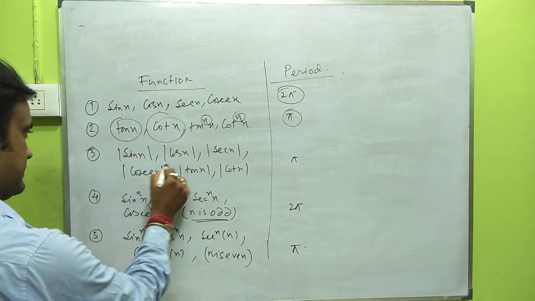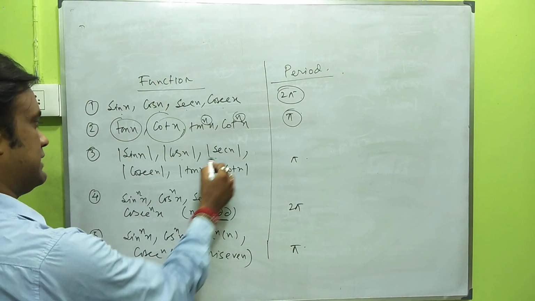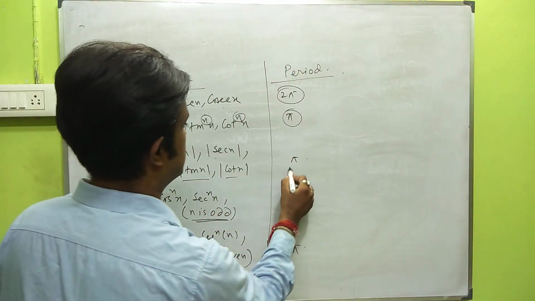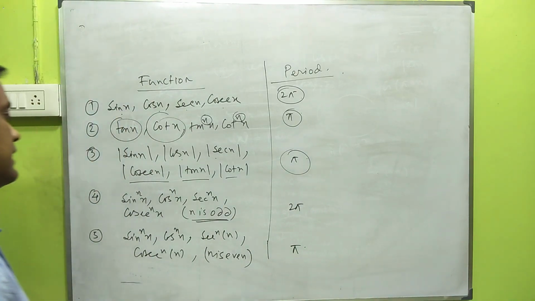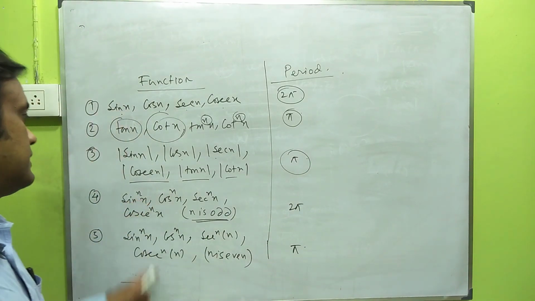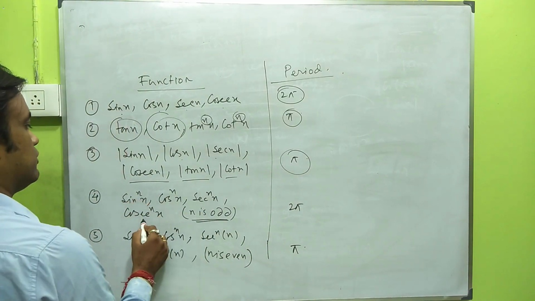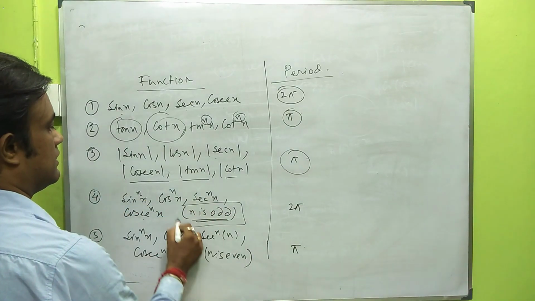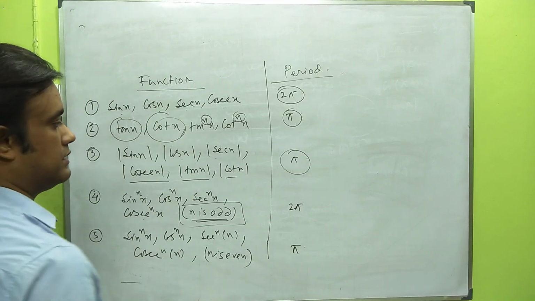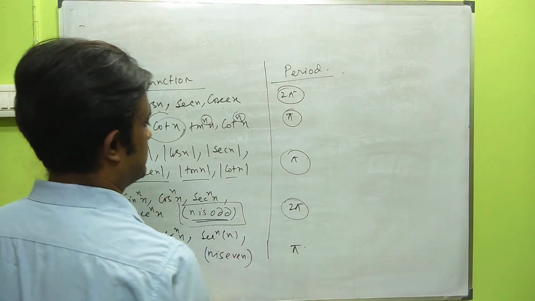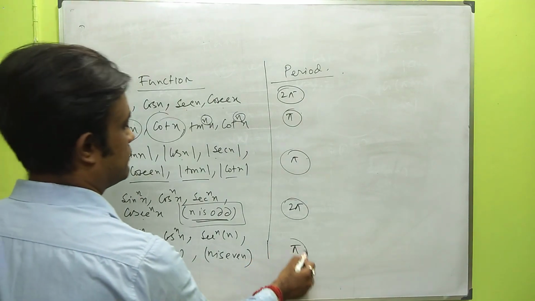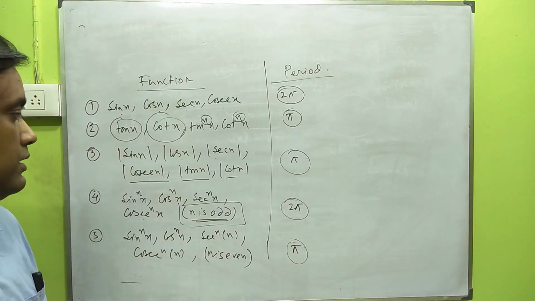Mod of sin x, mod of cos x, mod of sec x, mod of cosec x, mod of tan x, mod of cot x, the period is π. For sin^n x, cos^n x, sec^n x, cosec^n x, where n is odd, the period of this function will be 2π, and when n is even, the period of this function is π.